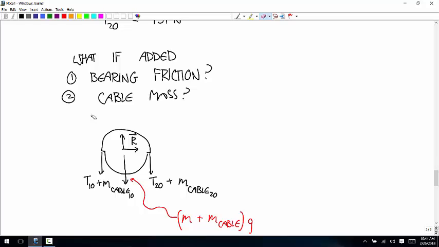So what's going on? Well, the force pulling the thing down is mostly the weight of the body, but the energy from the potential energy of the body is largely going into the rotational kinetic energy of spinning up these wheels. And so what you really want is not really the mass of the body that matters.